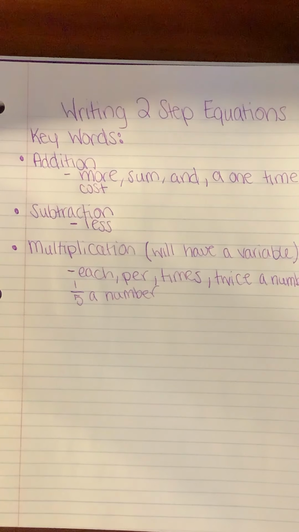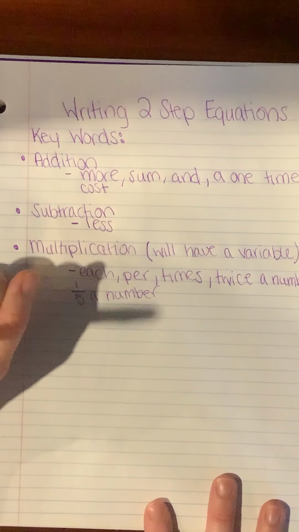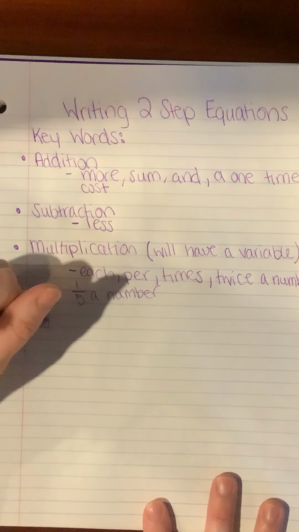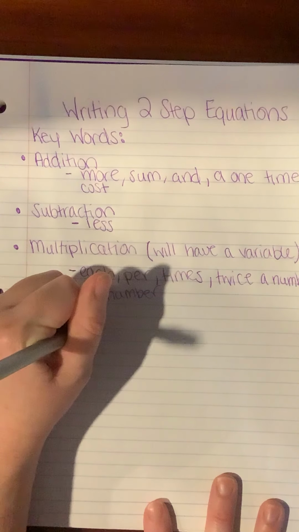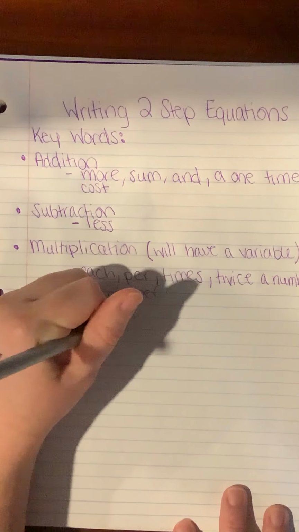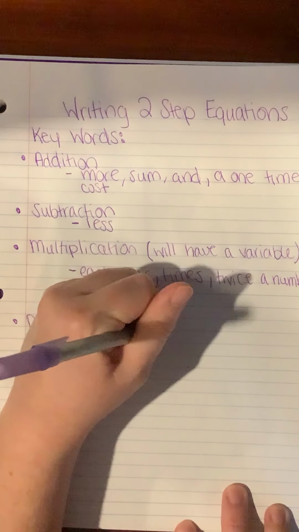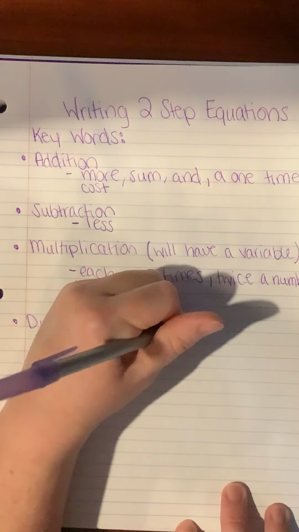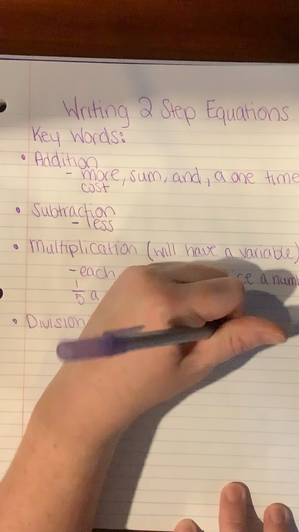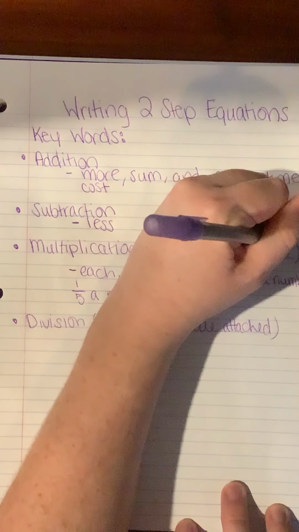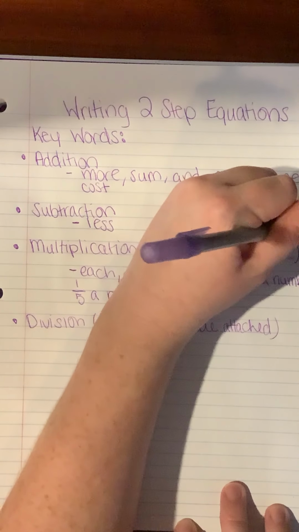Okay, then we will also see division in word problems. And division also will have that variable attached. I'm going to include that word attached. We can add that up here as well.